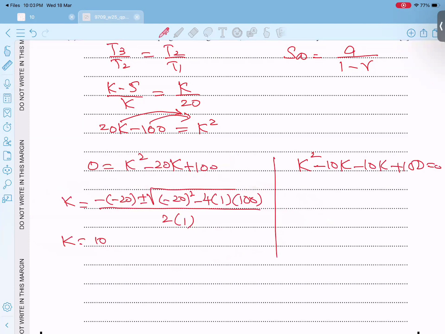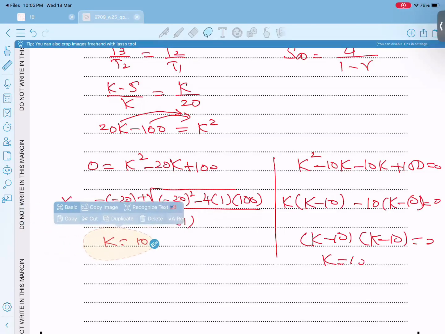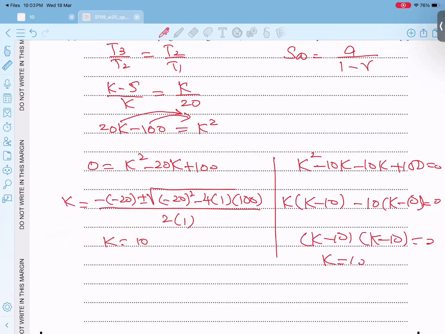K common out, so k minus 10 and k minus 10. So we are getting two answers and both are 10, so we have only one answer. It's repeating, and it's called a repeated root.